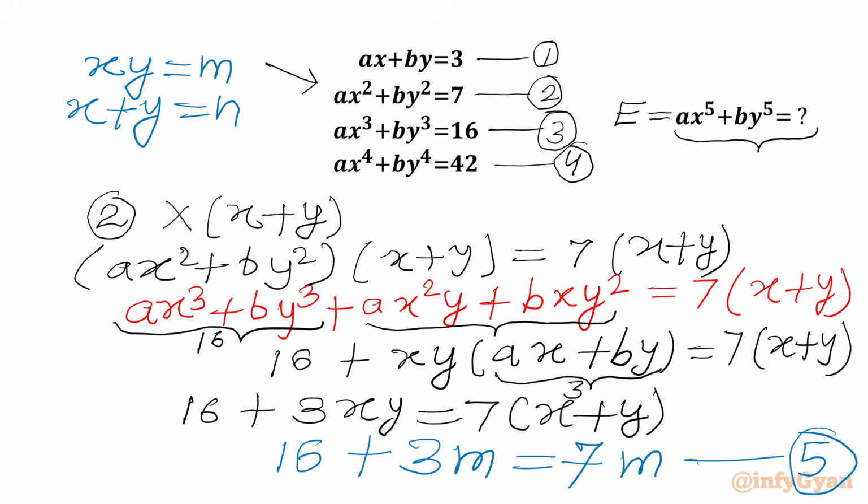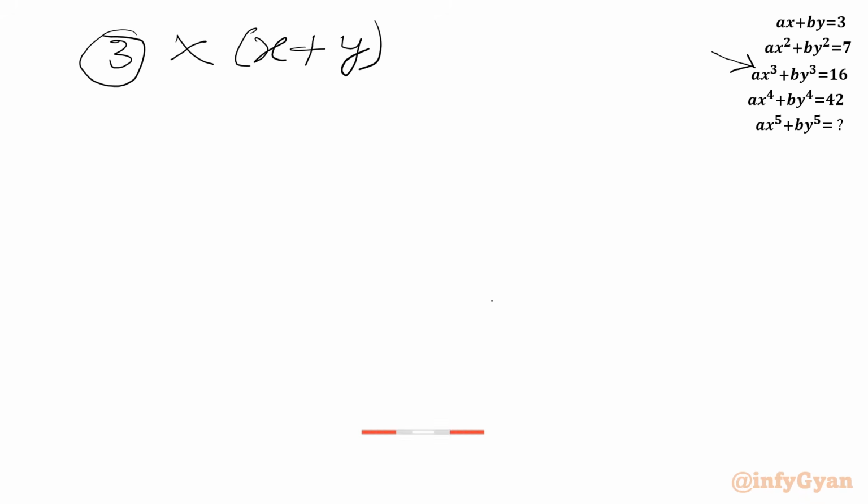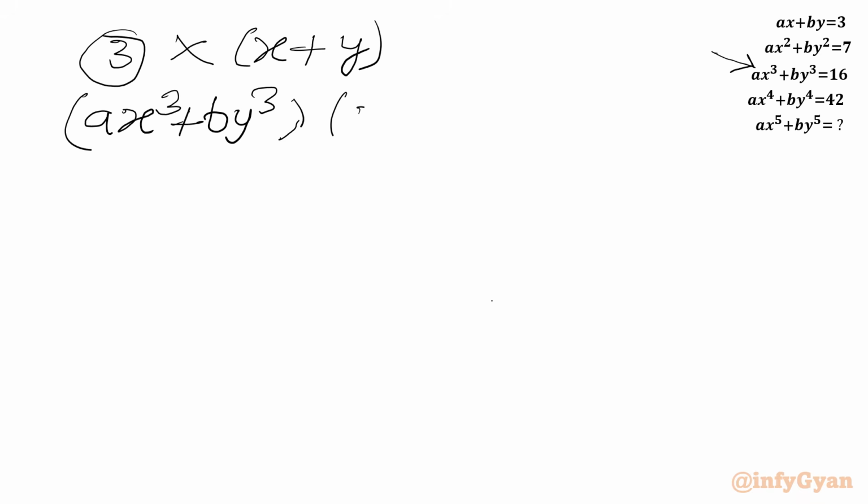Now we will multiply equation 3 by x plus y in a similar way. Equation number 3 is here. We will write the LHS of equation 3, ax^3 + by^3 times x plus y, equal to 16 times x plus y.